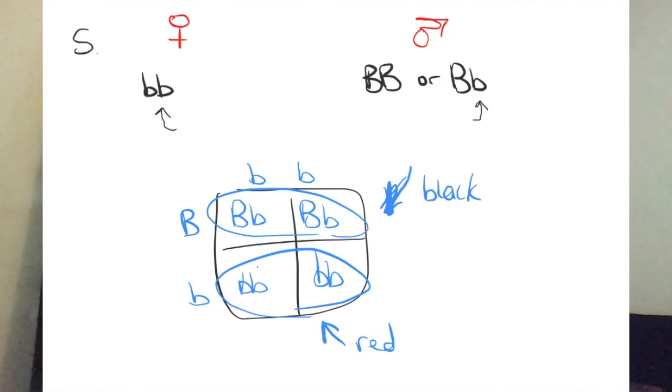And so I would say to this breeder, no, your male dog is not purebred for this trait, and none of the black puppies would be purebred for that trait either, and so you wouldn't want to use this dog for showing.